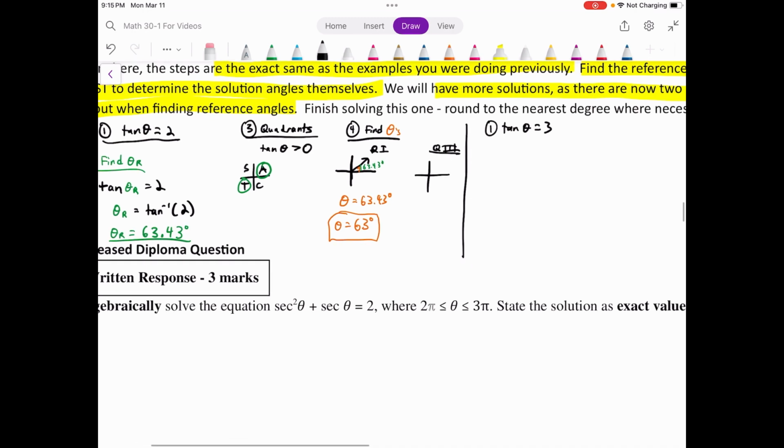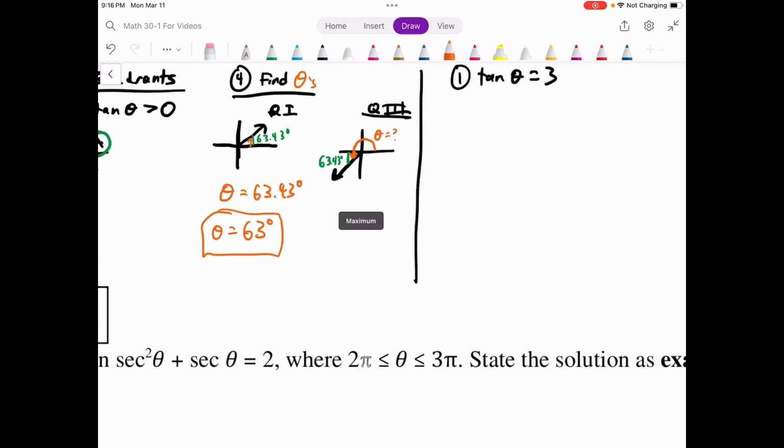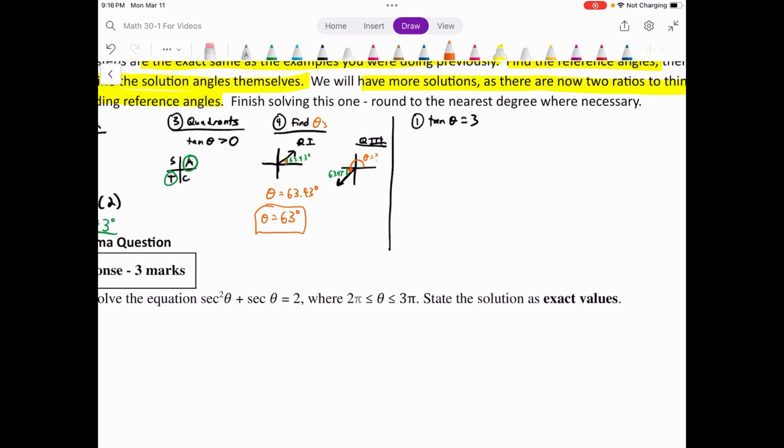Okay, so in quadrant 3 now, we know that this has to have a reference angle of 63.43 degrees, okay? We're looking for what angle terminates in the third quadrant and has a reference angle of 63.43, right? A quick sketch helps us see that it's just going to be 180 plus another 63.43.